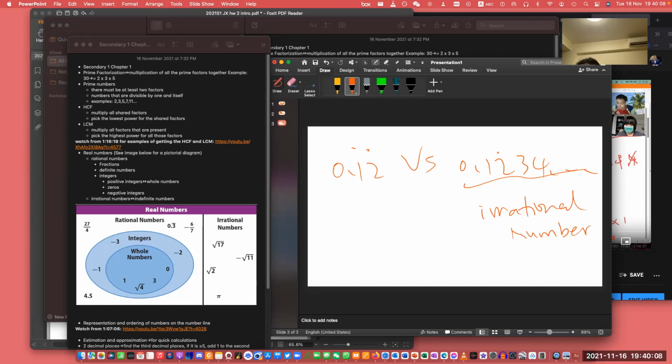Why? Because first, it's non-stop, and then there is no pattern. There is no pattern in the numbers. But over here you can see that it's considered a rational number.